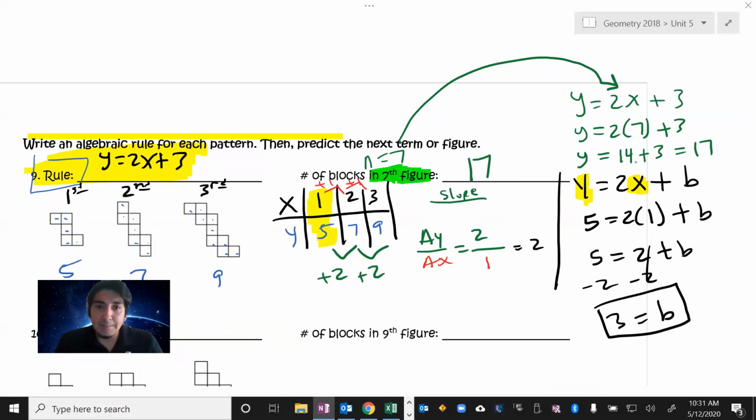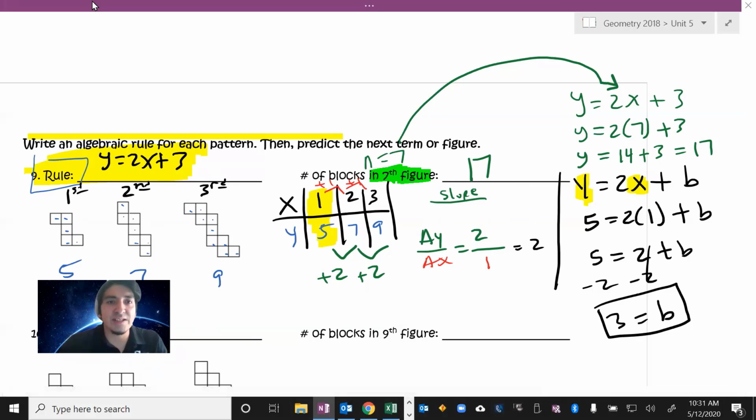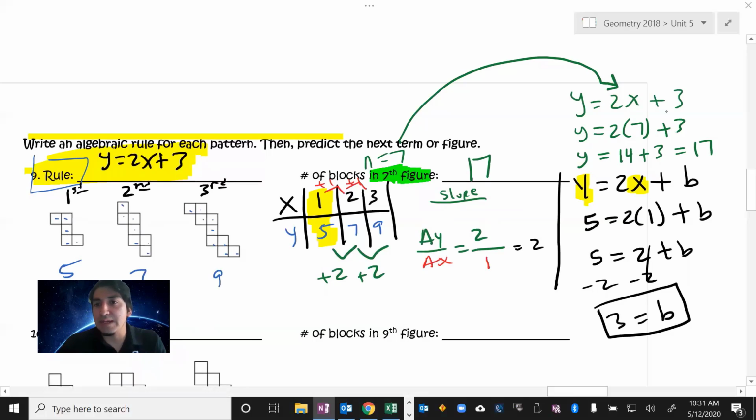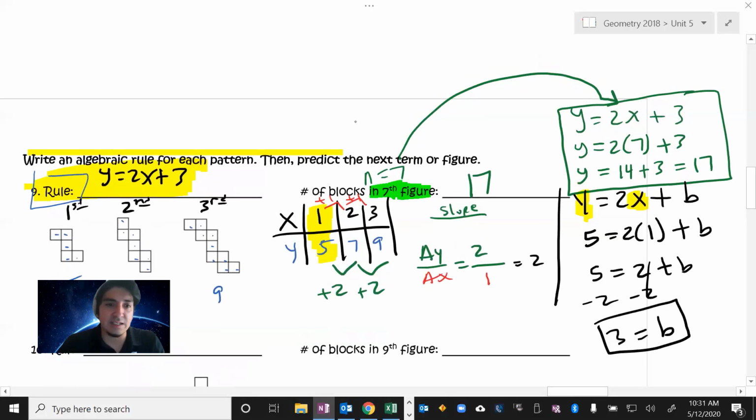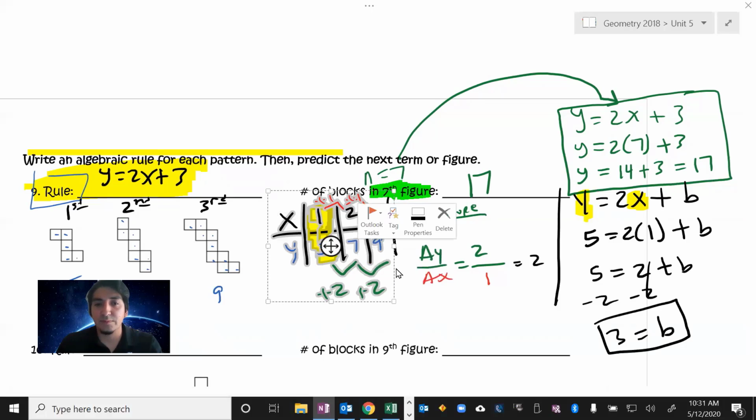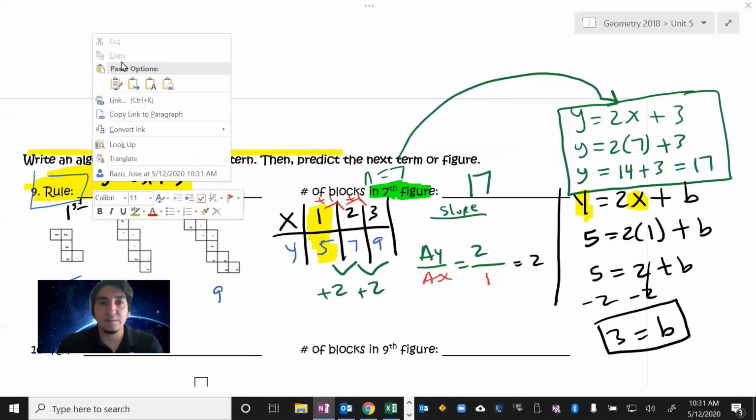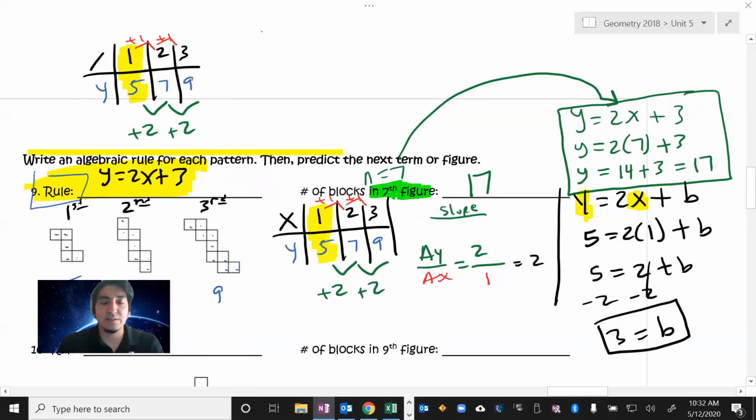Now, just be aware as you're going through these, some of you may like this part right here, and some of you are like, I still don't like this part, and I need to see the table. So the table would come out to be, let's see if I can get this one. So copy it, paste it. There you go.